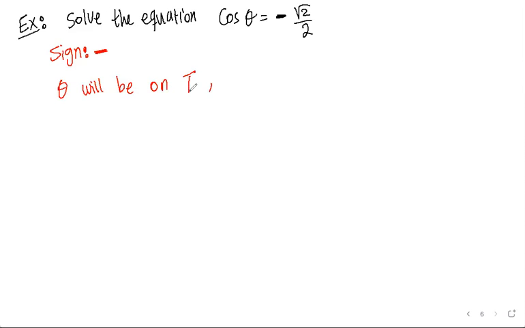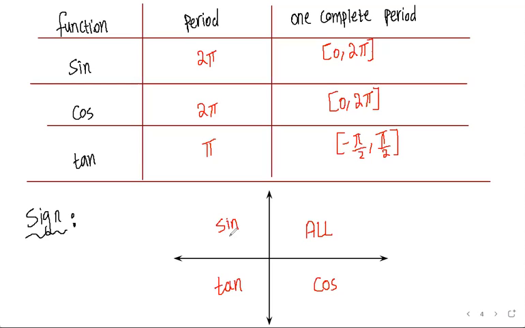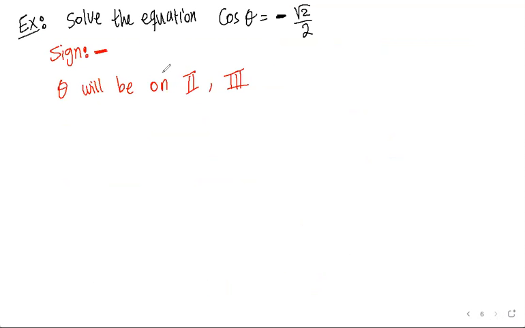Yes, exactly. Because in 2 the cosine will be negative, and the cosine will be negative here. So theta will be on the second and on the third.